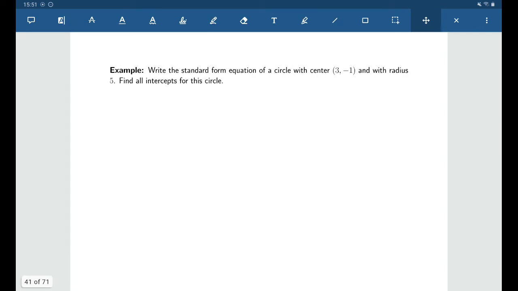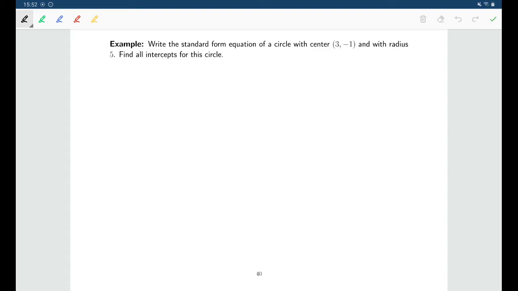So we want to start off with this example where we're going to take a circle. It's got a center of (3, -1) and a radius of 5. We want to come up with its equation, then find all the intercepts. Coming up with the equation is the easy part.